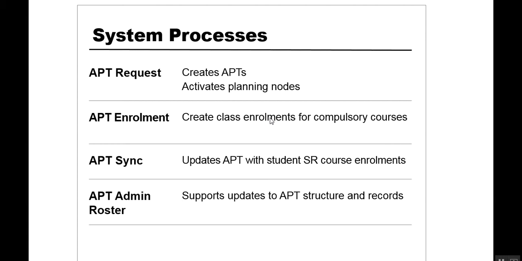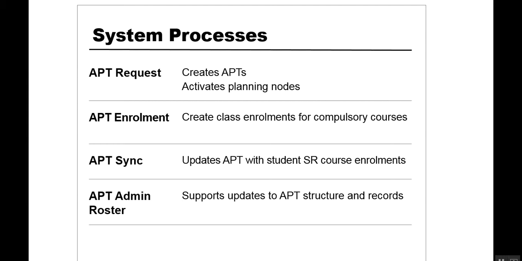Okay, so then finally, these are system processes that are used to create and manage the APT. So the APT request, this is the process that will be used to create student APTs and activate planning nodes. So let's say we've got a student who's in year 1, they've got an APT that was created by APT request when they started.